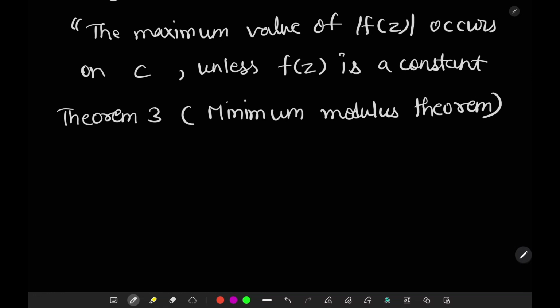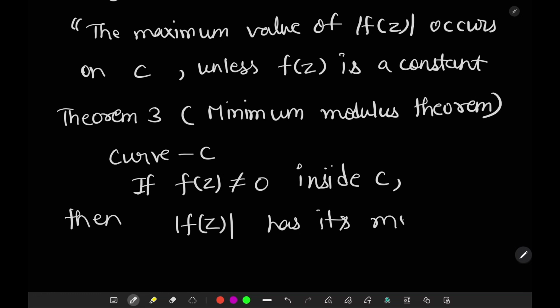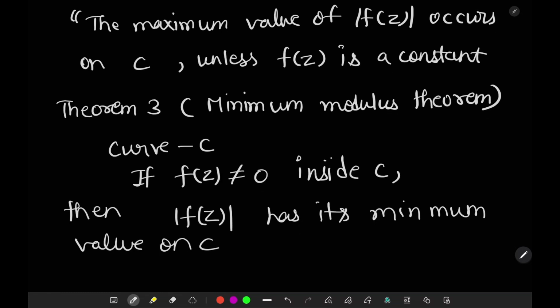If f(z) is analytic inside and on a simple closed curve C, and if f(z) does not equal 0 inside the curve C, then |f(z)| has its minimum value on C.